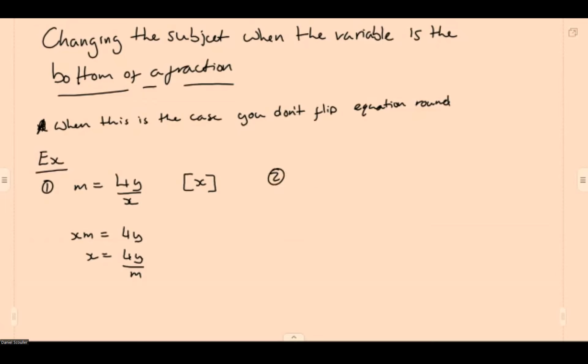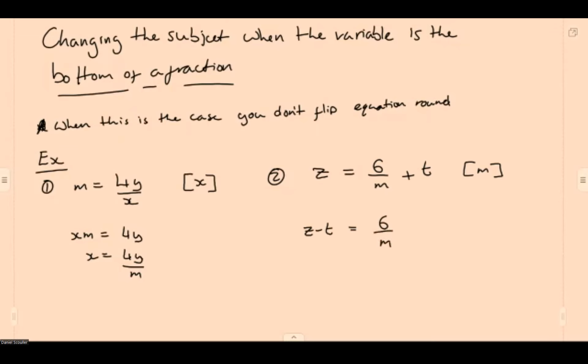Saying that, some rules still exist. If we had z equals 6 over m plus t, and we were changing the subject to m, what we'd have to do first is get rid of that addition and subtraction. We can't move the m straight away, because it would affect that addition. So that's z minus t equals 6 over m.